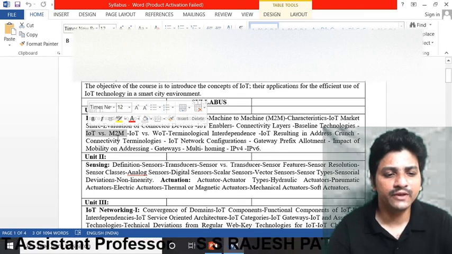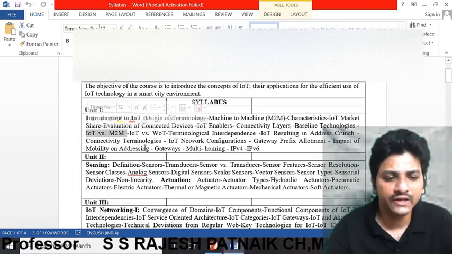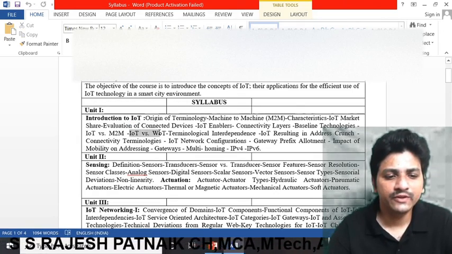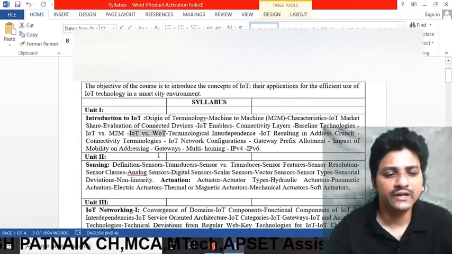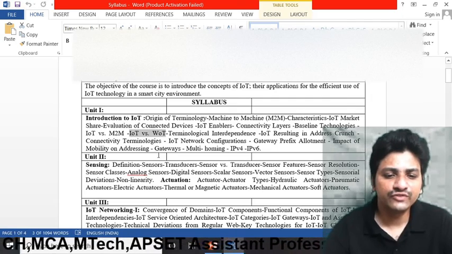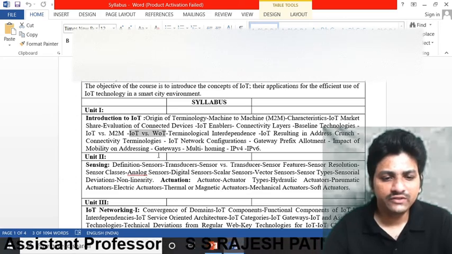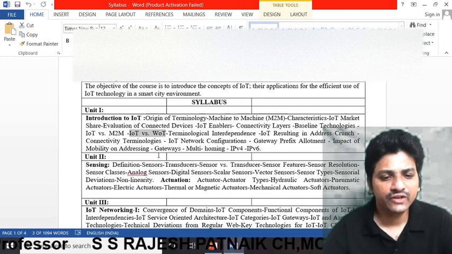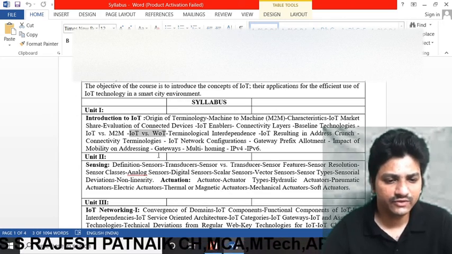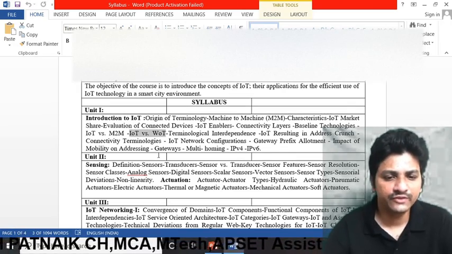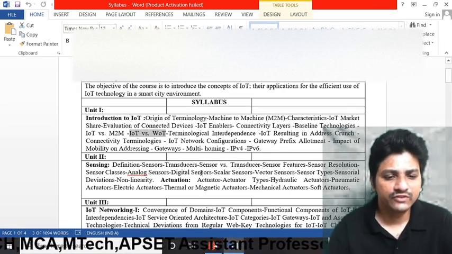What are some basic differences between IoT and M2M, and what are the basic differences between IoT and WoT technologies, etc. Okay, so these all things we are going to understand concept by concept. So this is the syllabus.